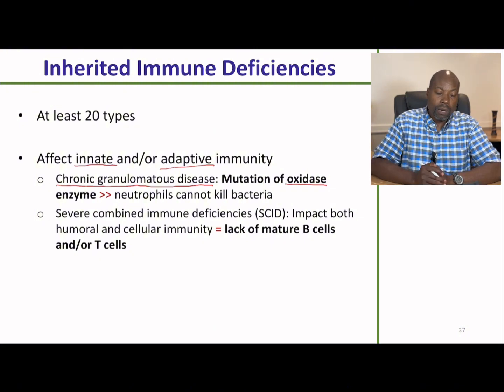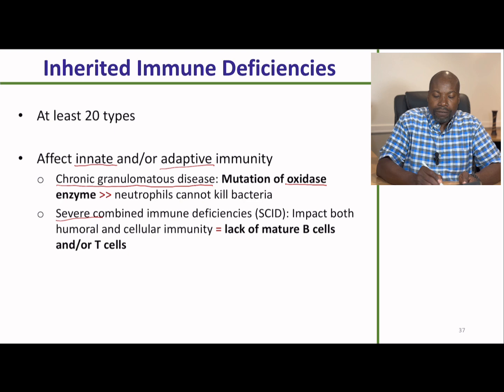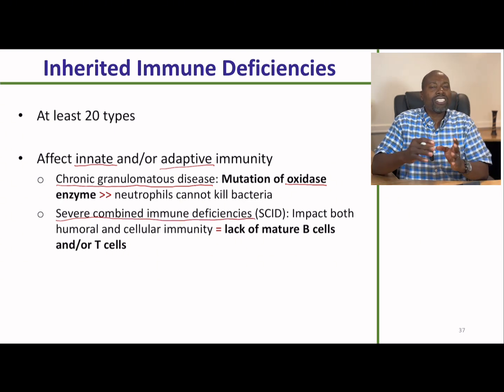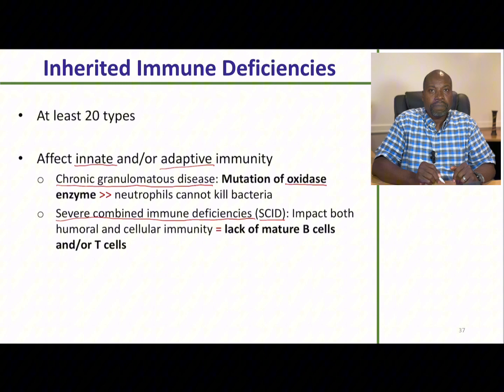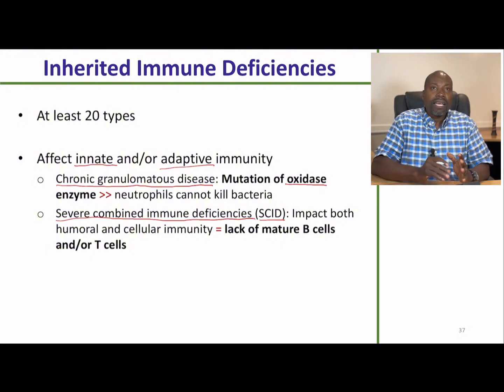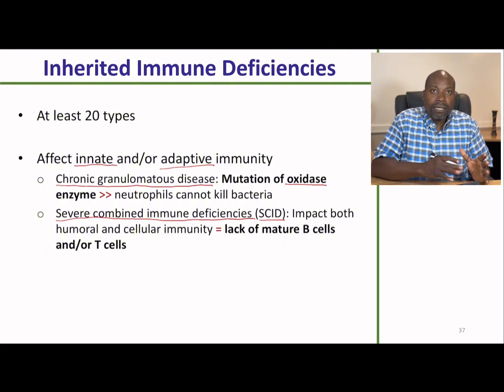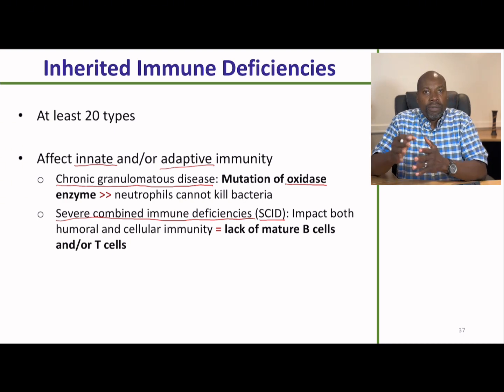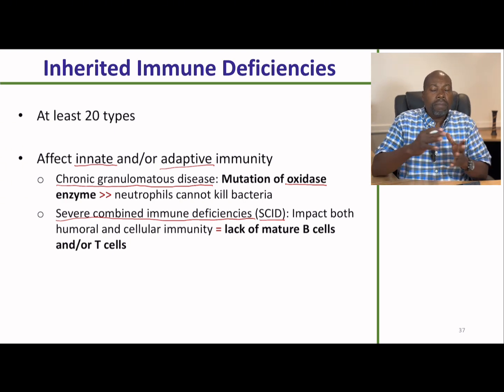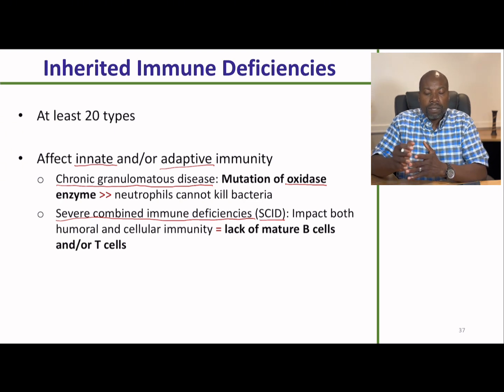Another condition that I would like to mention is the severe combined immune deficiencies, which is actually a group of conditions that we also call SCIDs, right? The SCIDs are going to impact both antibody-mediated immunity and cellular-mediated immunity, right?